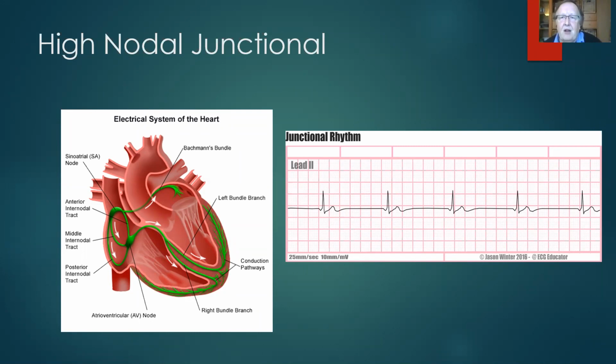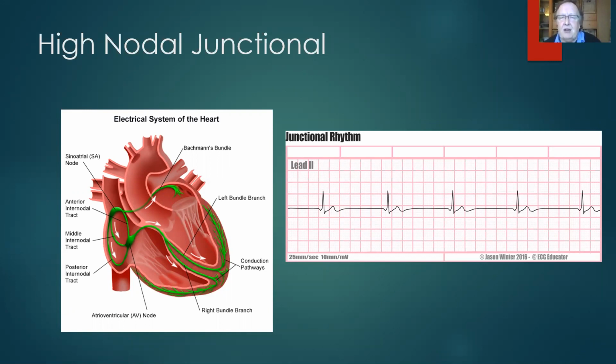So what is the rhythm? It's regular. What is the rate? It's a bit slower. Are there P waves present? Yes, but they're upside down. And that is because in lead 2, the impulses are moving away from the electrodes, and as a result, it inverts.